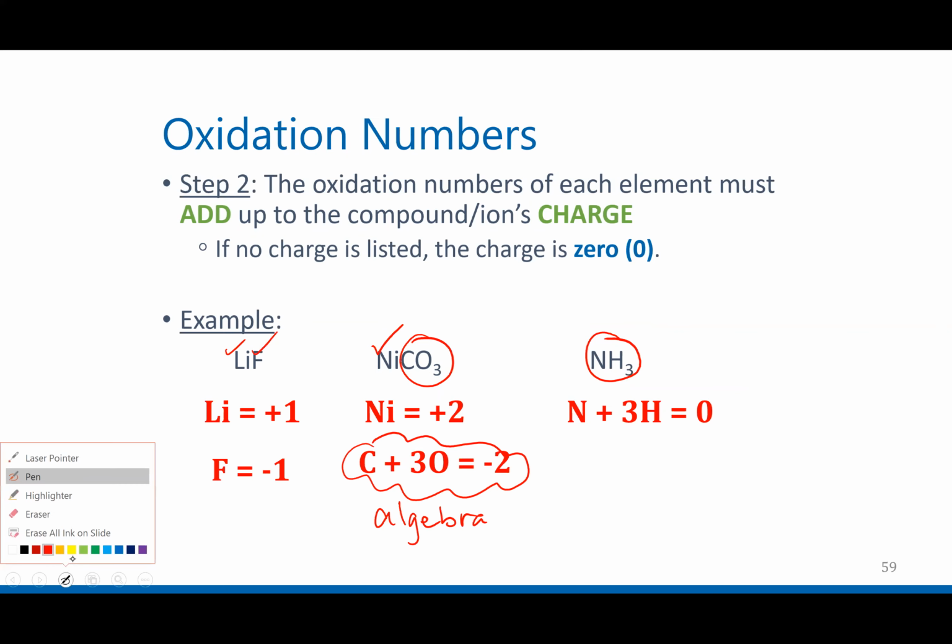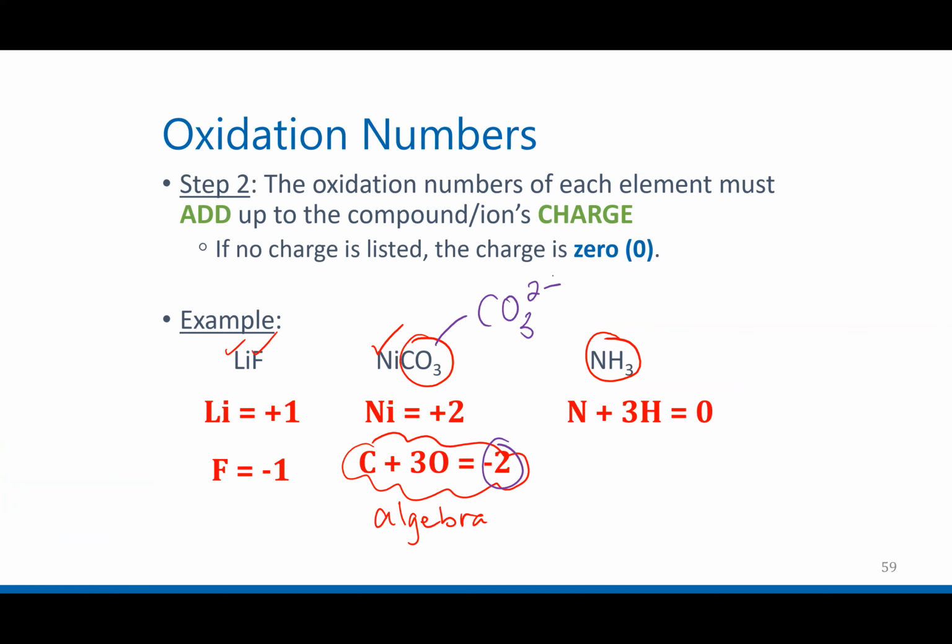Now, where did that -2 come from? Well, carbonate is CO3 2 minus. This must mean that if I added the charge of 1 carbon to 3 oxygens, it would be -2.